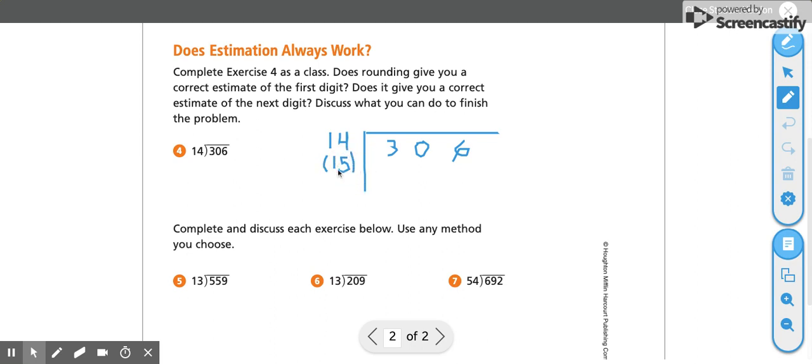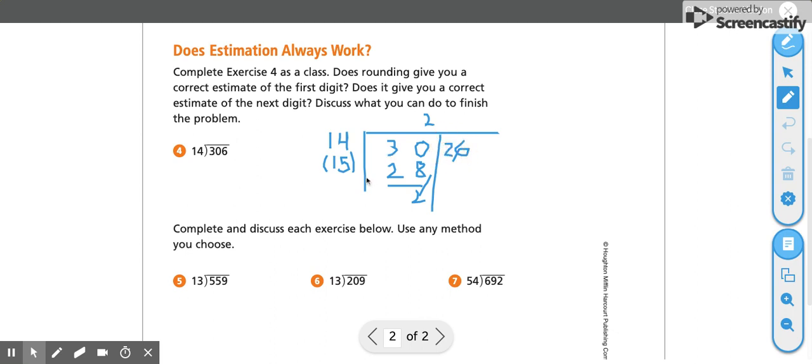And then I'm going to try it. 15, I know it doesn't go into 3, so I'm going to jump right to 30 and draw my line. 15 goes into 30 2 times. And then again, not multiplying 2 times 15, but 2 times 14, which I know is 28. I'm going to go ahead and subtract 30 minus 28, and I'm going to get 2.